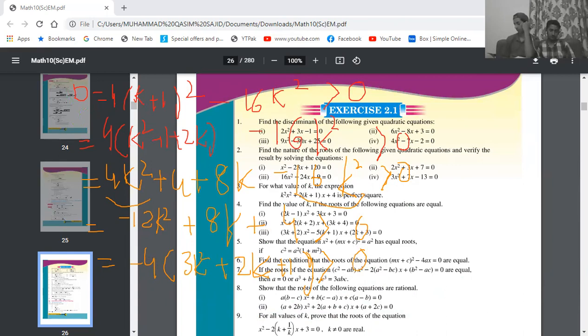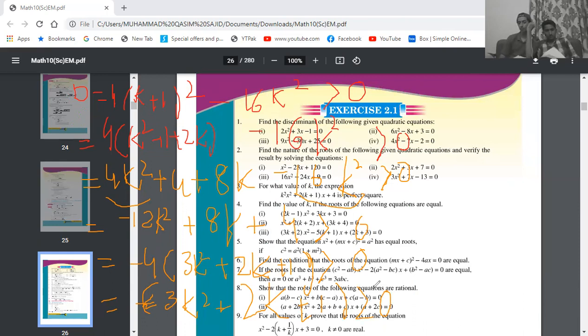Now this minus 4 is divided on this side, so the minus 4 will cancel out and I will write the last value as 3k square plus 2k plus 1 is greater than 0.